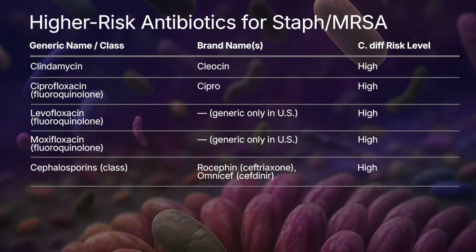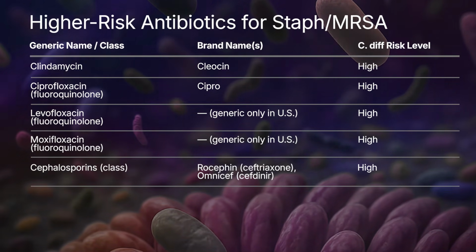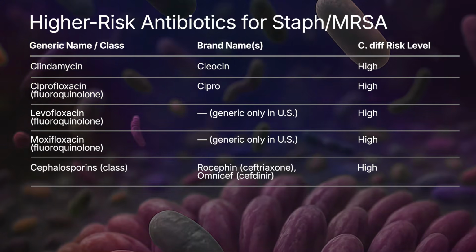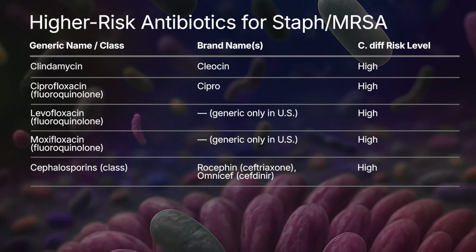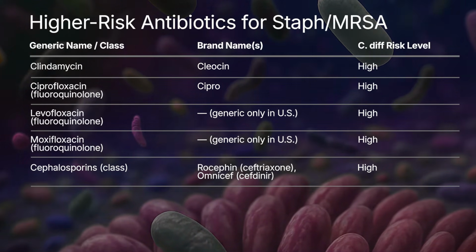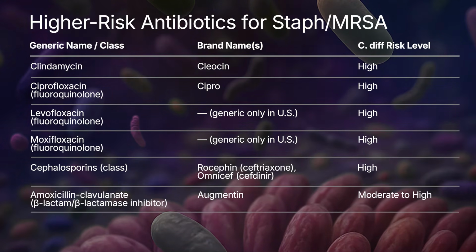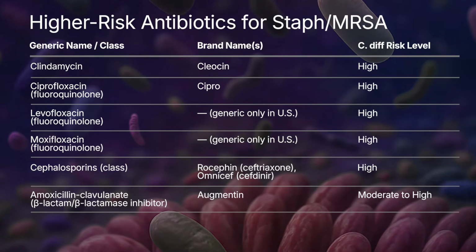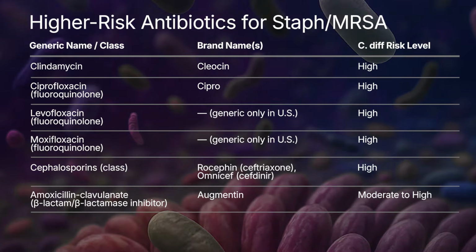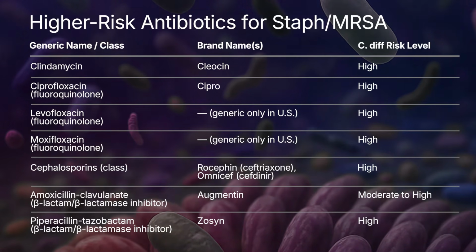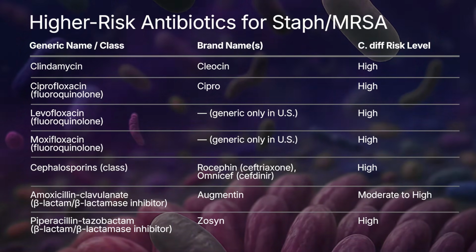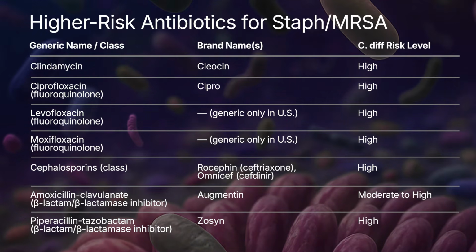These are sometimes used in hospital settings when staph, but not MRSA, are suspected, and these are also linked to higher C. diff risk. And lastly is the amoxicillin clavulanate or the Augmentin brand name drug, and other beta-lactam, beta-lactamase inhibitor combinations. These are sometimes used for staph infection, but MRSA is resistant to these.